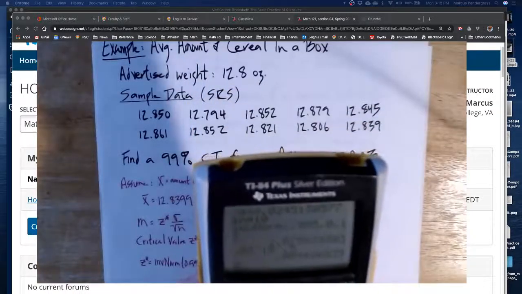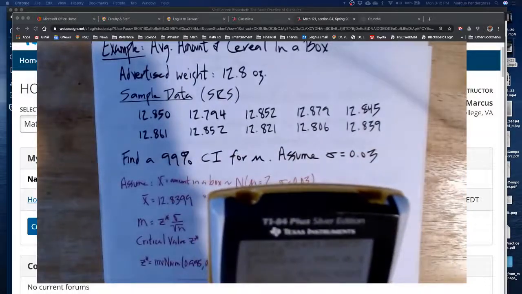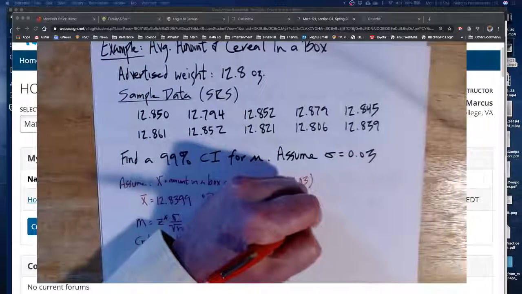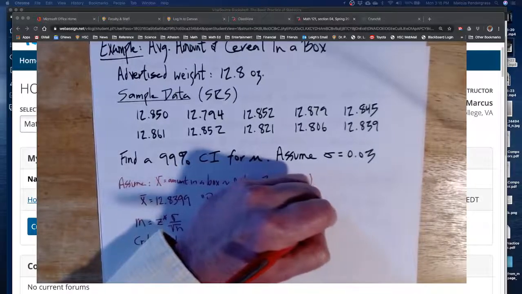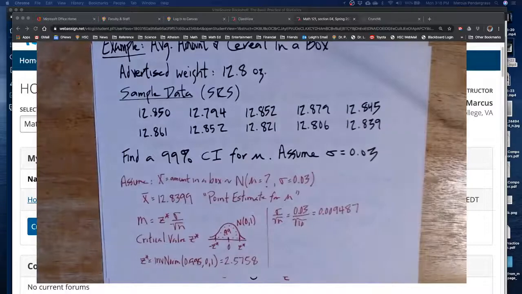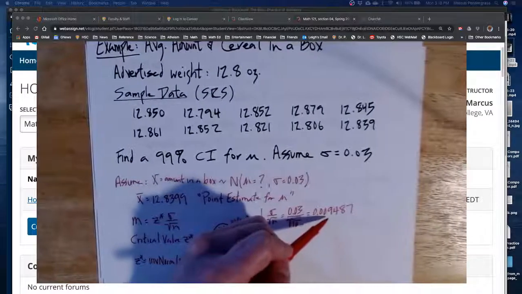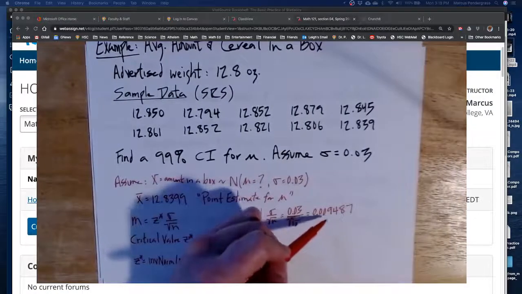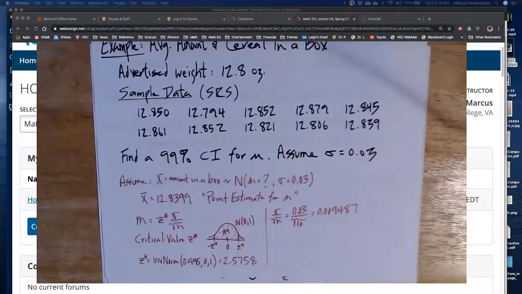So that's 0.009487. I'm rounding that to 4 significant places, which means, of course, that I'm ignoring those leading zeros, then rounding to 4 places after all the leading zeros.